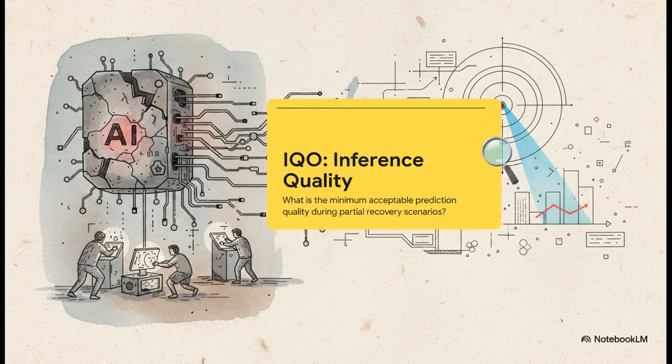And last but not least, there's IQO, the Inference Quality Objective. This one is really interesting. It basically sets the good enough bar for when your system is only partially recovered. When it's limping along. What is the absolute minimum level of prediction quality you're willing to accept? This is so important because it stops you from running a system that's actually doing more harm than good while you're trying to fix it.